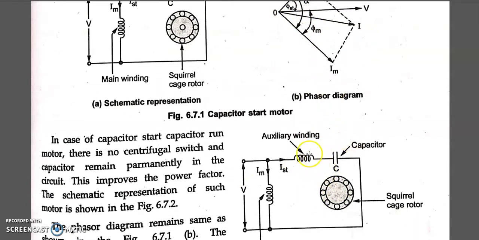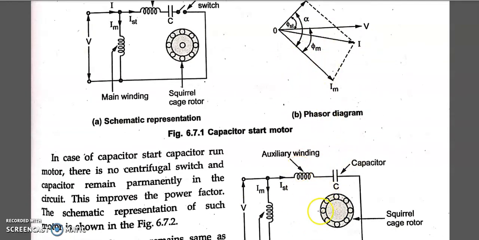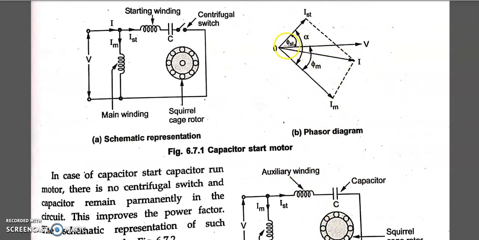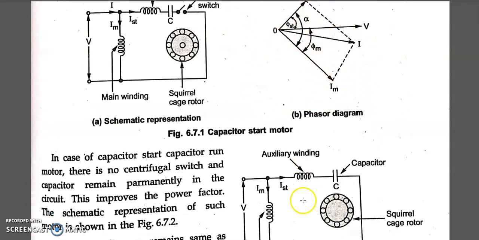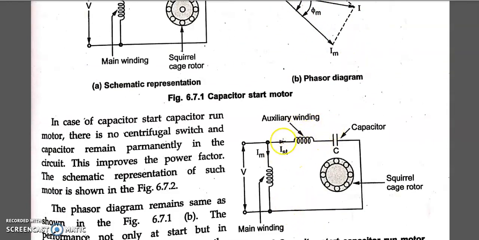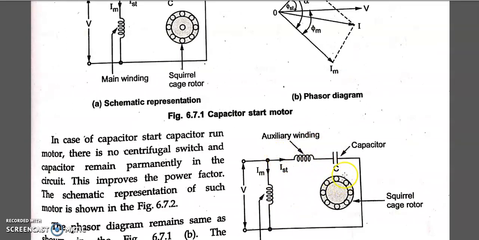The resultant IA is created, rotating clockwise or anti-clockwise depending on the main winding and auxiliary winding connection. And here we don't have any centrifugal switch, so the auxiliary winding stays intact throughout the operation, with no opening or closing of a switch.